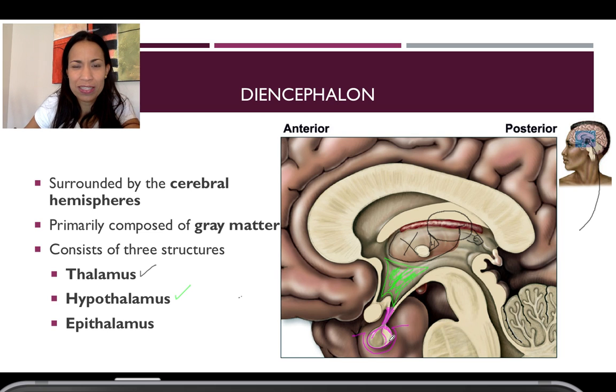Remember that I call it the commanding wife? This is the one that produces at least, I will say, 8 to 10 hormones that regulate most of the glands of the endocrine system in the body. So it regulates homeostasis in the body.